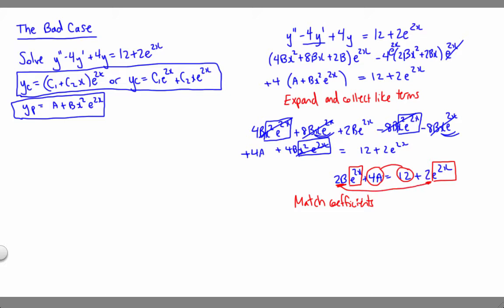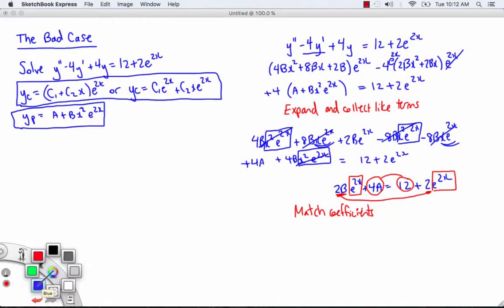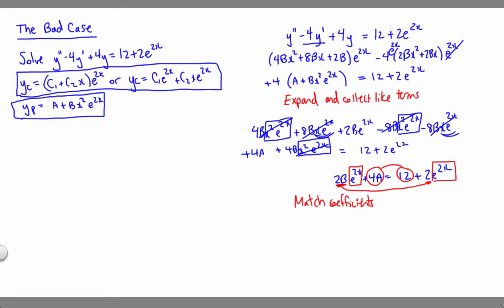So we're really getting 2 pieces of information here. Each type of like term is going to give you 1 piece of information. So the constants are telling us that 4a is equal to 12. The exponential terms, the e to the 2x terms, are telling us that 2b equals 2.